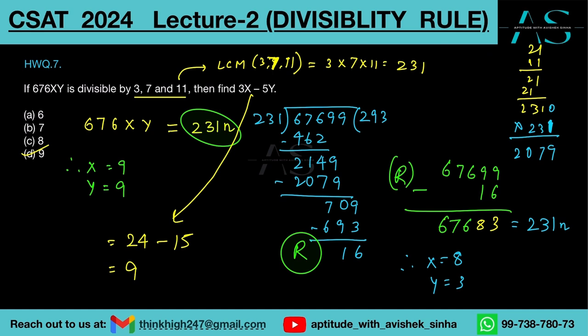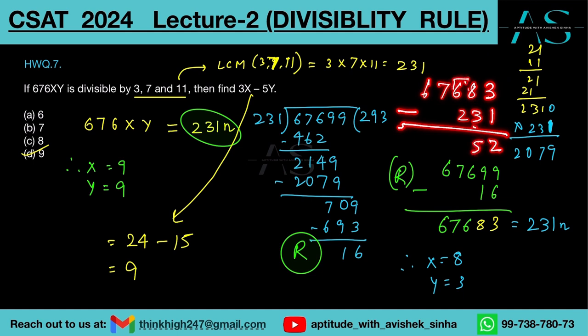Now you might argue that if 67683 is a multiple of 231, we can have so many multiples of 231. Why did we stick to this part? If you subtract 231 from 67683, because the previous value that would be a multiple would be 231 less, you would be getting 5 here.